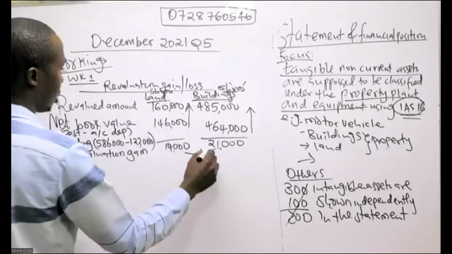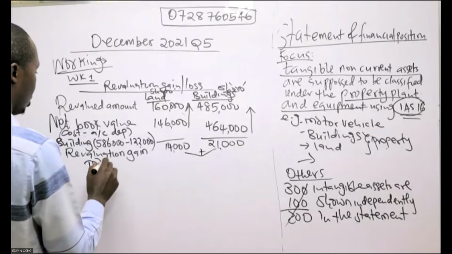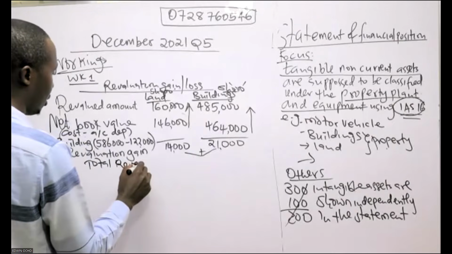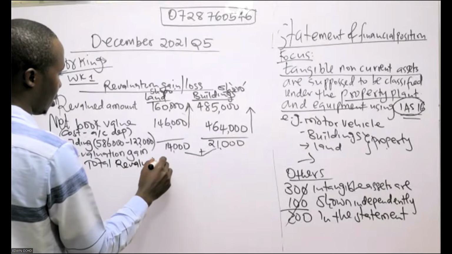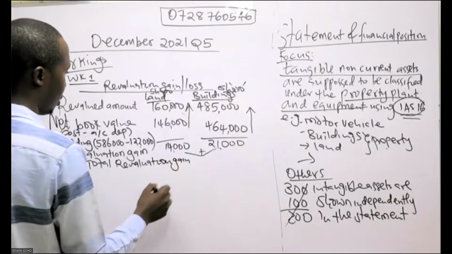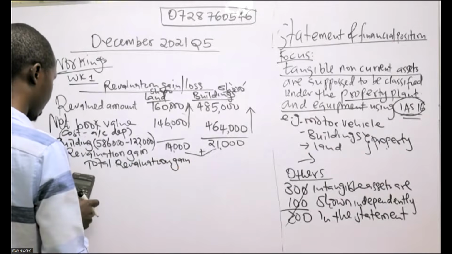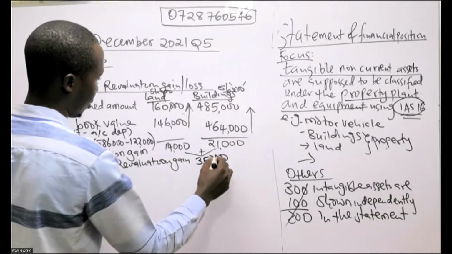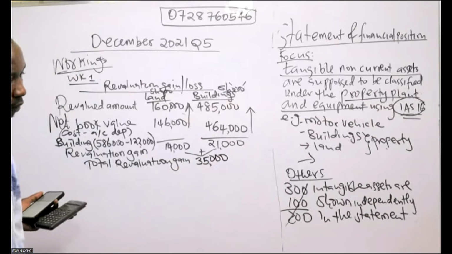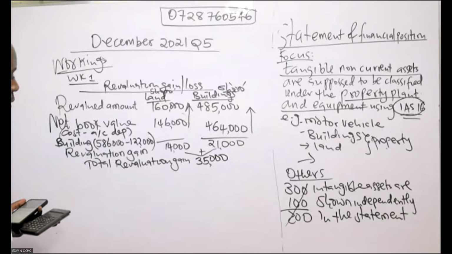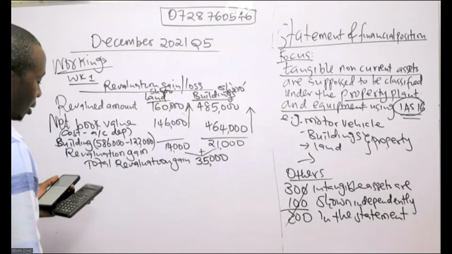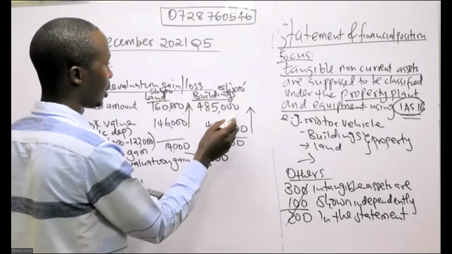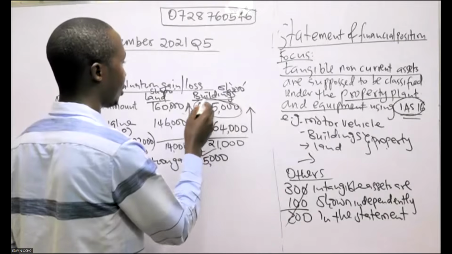So you add: total revaluation gain is 35,000. Then after revaluation, remember our building is now stated at 485.